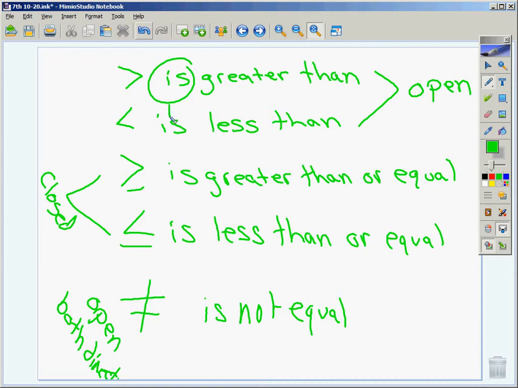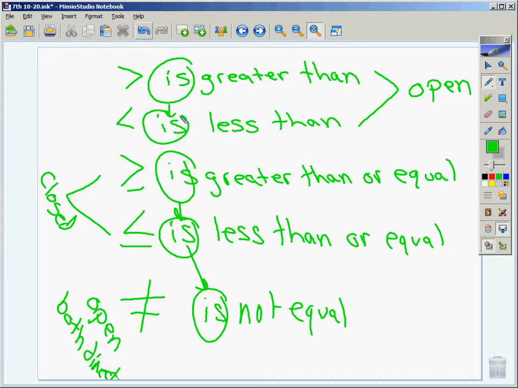What do you see in common in all of these? Is. By the way, is the word that means equals. So when you're dealing with an inequality, that word is showing you that that's where the inequality is going to take place.